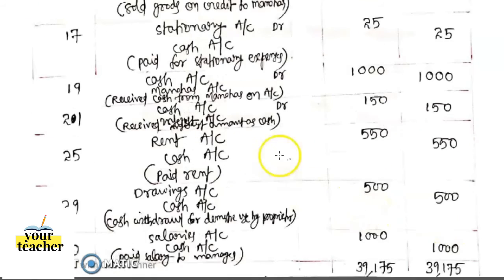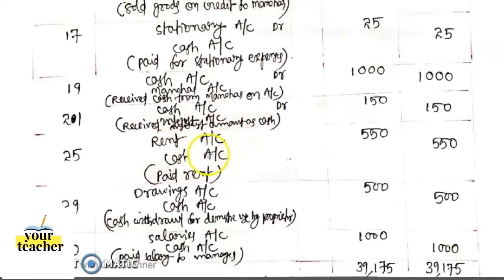Now on 25th, paid rent to the landlord. You are paying a certain amount as rent. This rent account is actually an expense. So debit expenses and losses, credit income and gains.